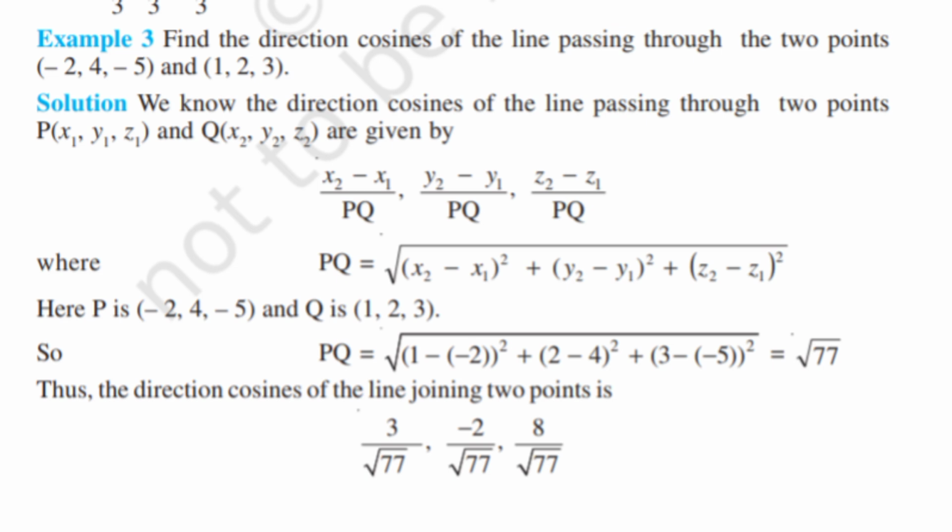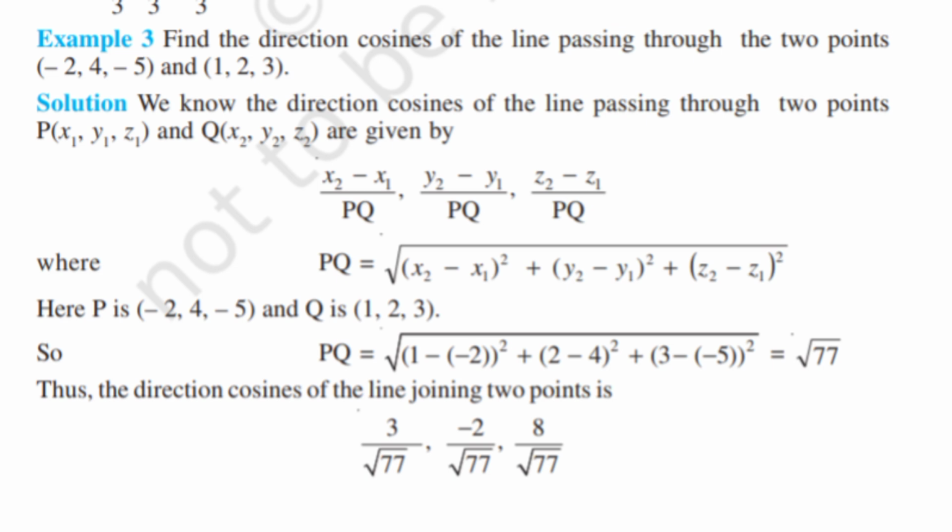Here P is minus 2, 4, minus 5 and Q is 1, 2, 3. So PQ is equal to the square root of (1 minus (minus 2)) whole square plus (2 minus 4) whole square plus (3 minus (minus 5)) whole square, which is equal to root 77.